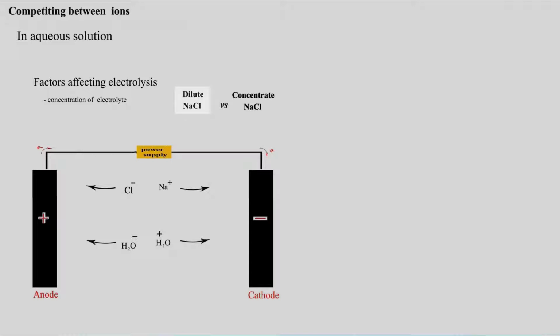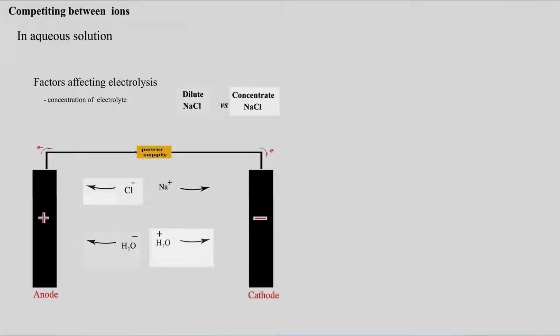In a dilute NaCl solution, the result will be water reacting at the anode and water reacting at the cathode. When you have a concentrated NaCl solution, the result could be different.